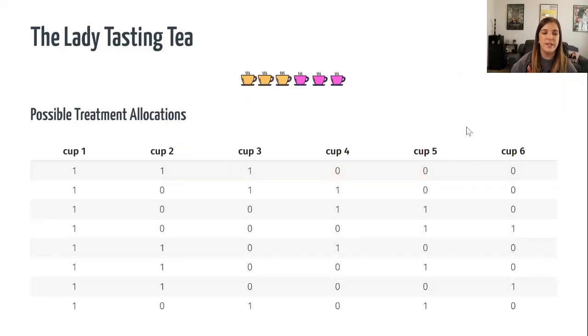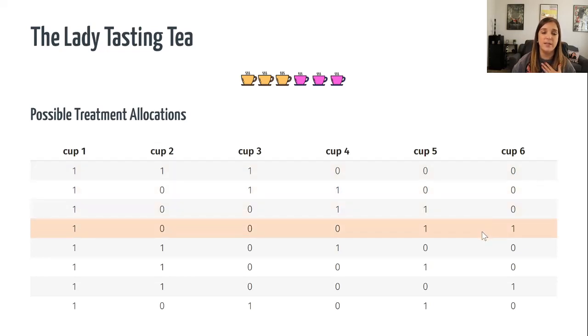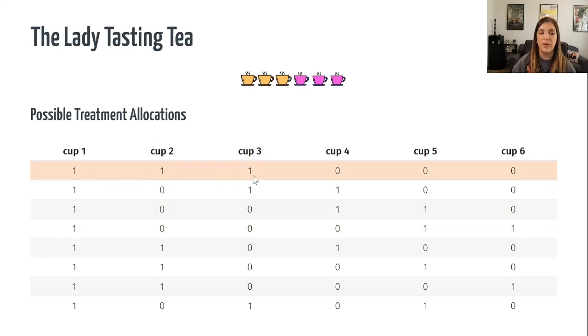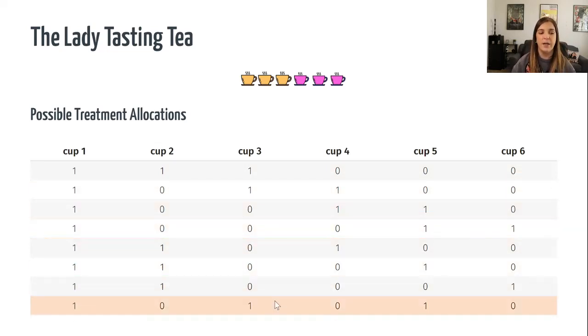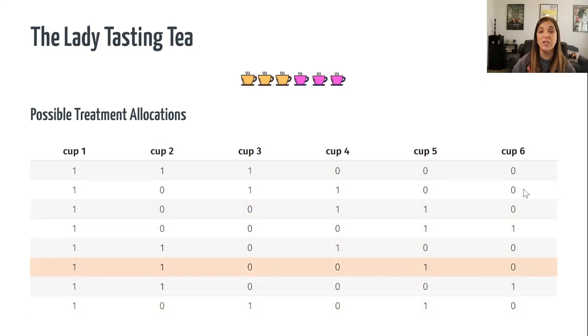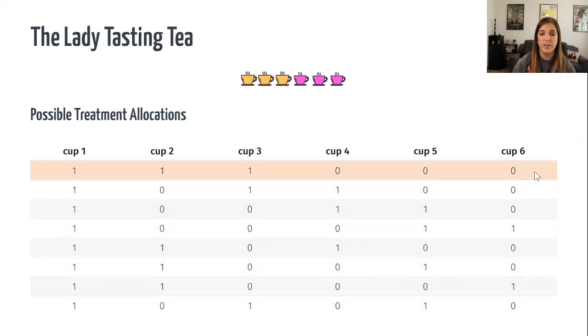So the idea here is that I have this treatment allocation that I chose, but all of these other ones are equally as likely, right? So I have 3 milk, 3 teas. I could have 1 milk, 1 tea, 1 milk, 1 milk, 1 tea, 1 tea, etc. And you have actually 20 different scenarios that you can do with this.